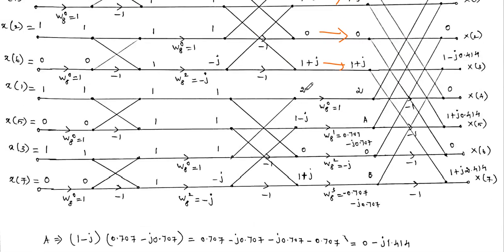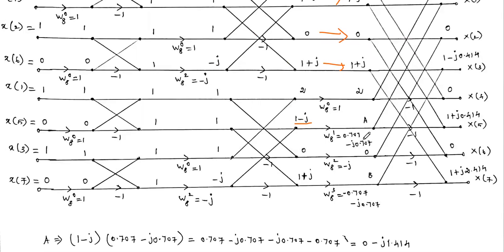Here 2 multiplied with W8 power 0 is 2. Here 1 minus j is multiplied with 0.707 minus j 0.707. The answer available here I am taking as A.